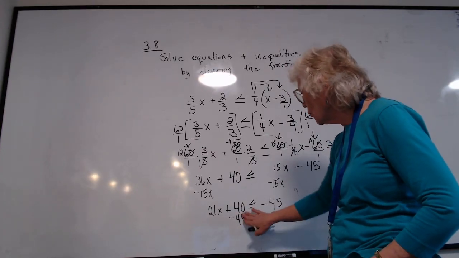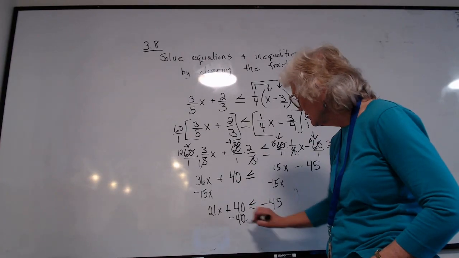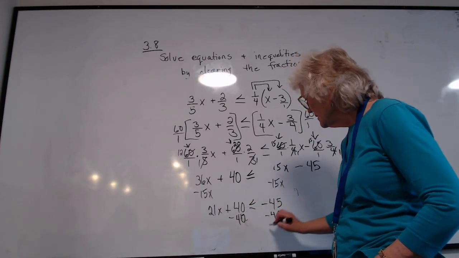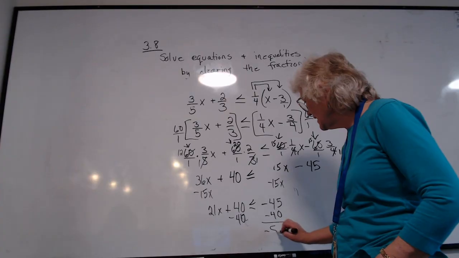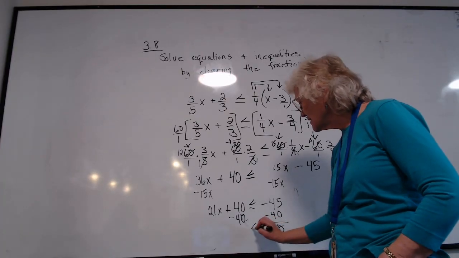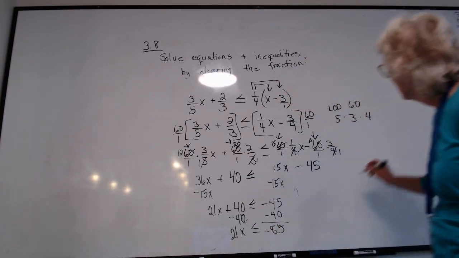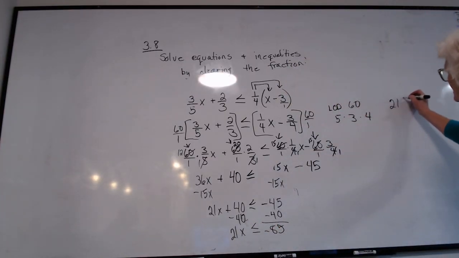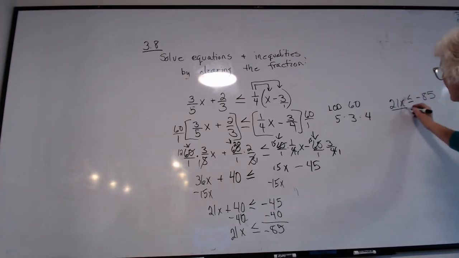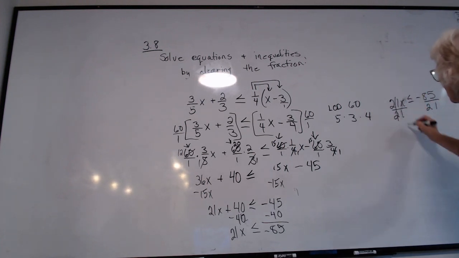Minus 40 here. So I get negative 85 is greater than or equal to 21x. Over here, 21x is less than or equal to negative 85. Divide by 21. And that makes x less than or equal to negative 85 over 21.